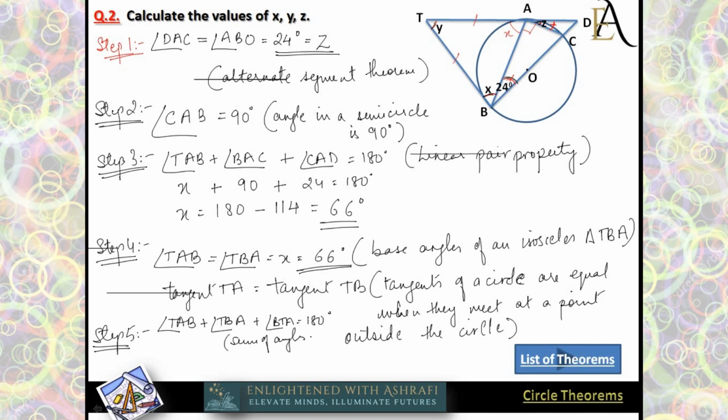Sum of angles of a triangle is 180 degrees.